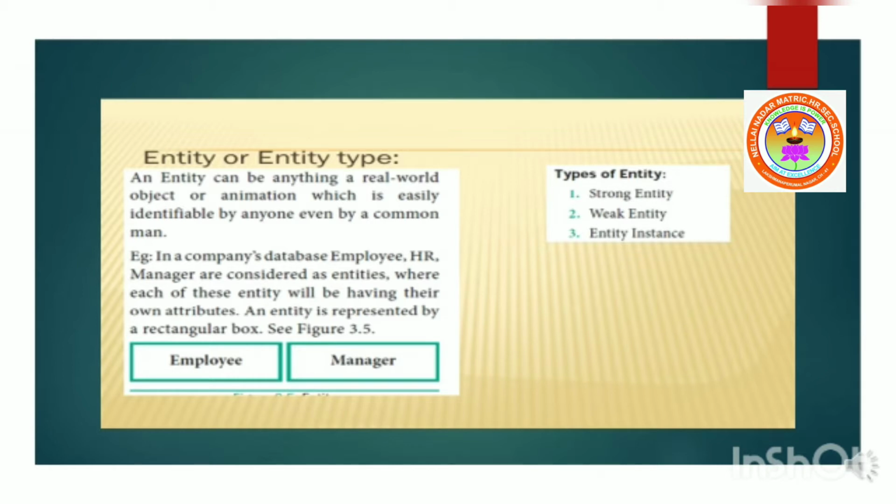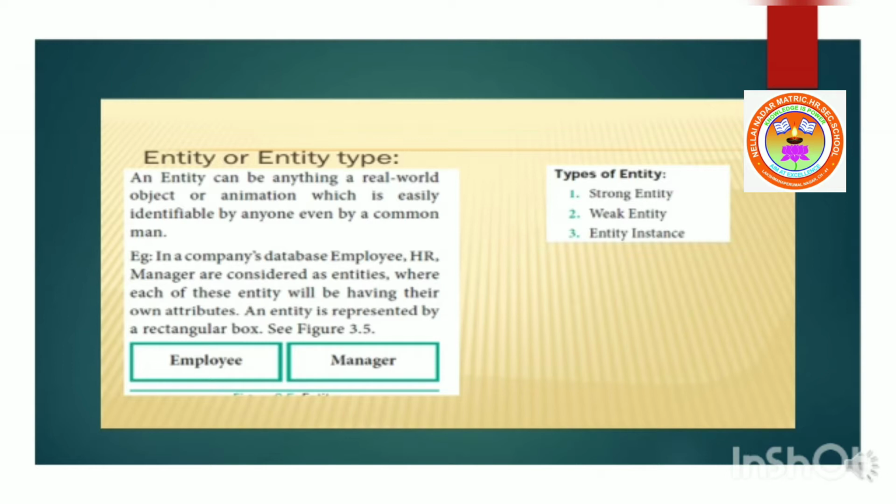Those name, age are considered as attributes. An entity in ER diagram or in ER model is represented by a rectangular box. See, this is one entity. Employee is an entity represented by rectangular. Manager is also an entity represented by rectangle box.